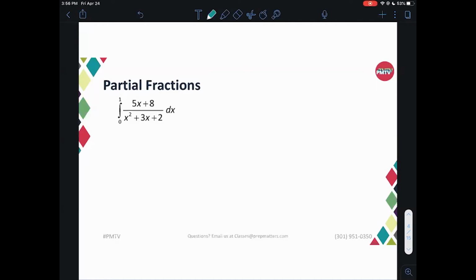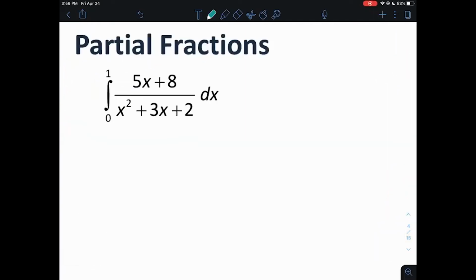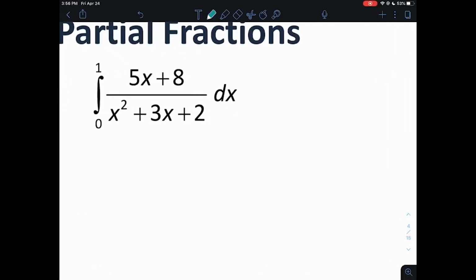So if we're integrating by partial fractions, just looking at this integral to start, there's nothing fun that we can do. We kind of have no ability to integrate this unless we just throw this into a calculator. But if we are going to do this one by hand, we can use partial fractions if we can factor the denominator into different factors.